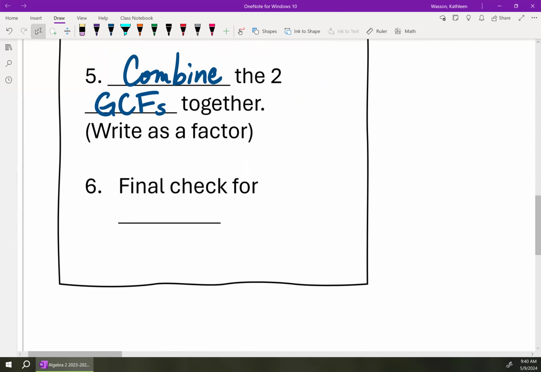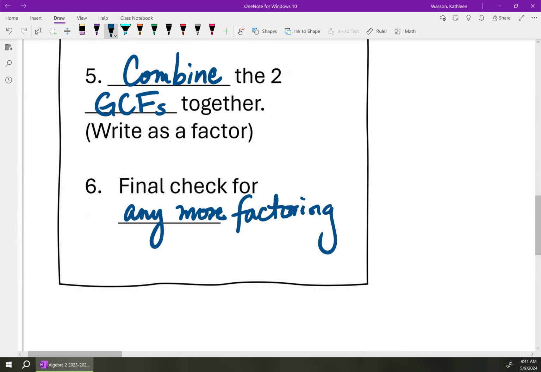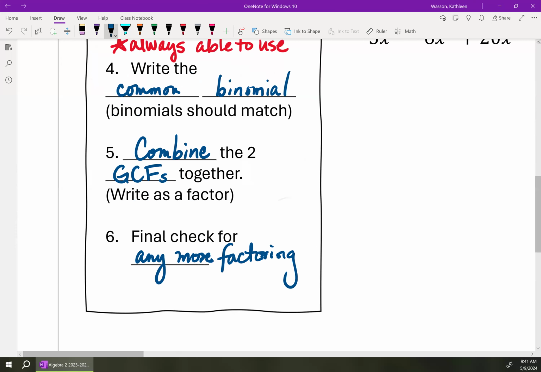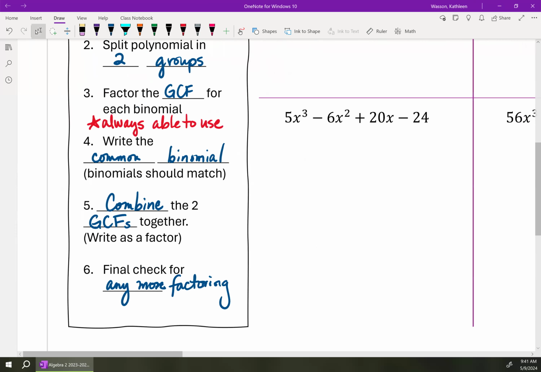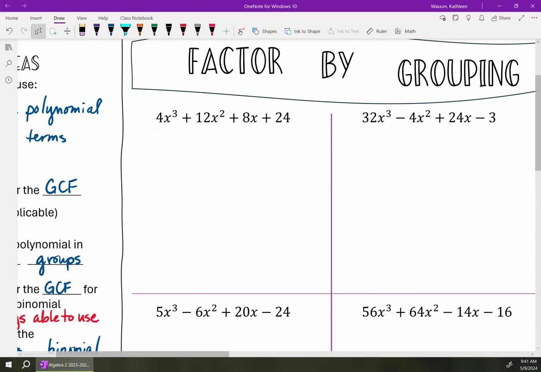There may be a difference of squares. There may be an additional greatest common factor to pull out. Just make sure that there is no more factoring to be done. Okay. But the big plan is that we're using greatest common factor a lot.